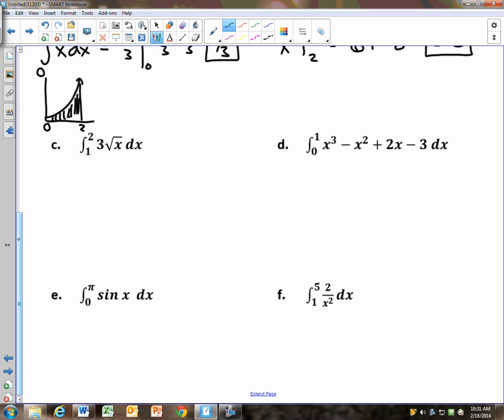3 roots of x. If f of x is equal to 3x to the 1/2, what is large F of x? 3x to the 3/2 divided by 3/2, right? We raise the exponent by 1, and we divide by the new exponent.